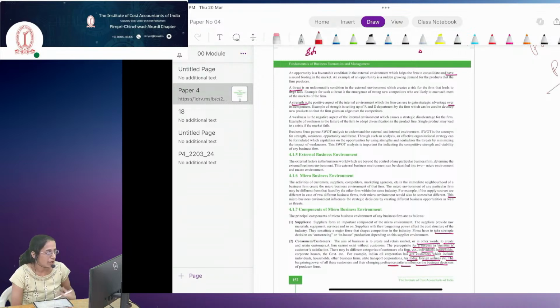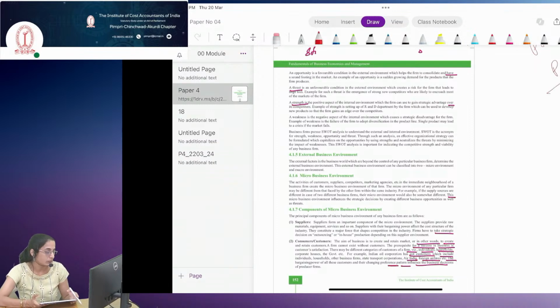There is more demand for their products, so it will produce more, sell more. So at that time, if the demand has increased and it produces more and sells more, this opportunity will help the organization to gain more profit, right? So it is a favorable condition for the organization in the external environment. External environment was what? The environment which is outside the control of the organization.